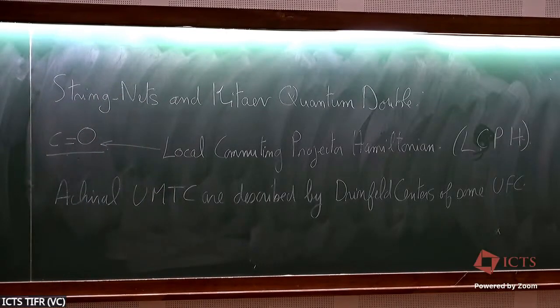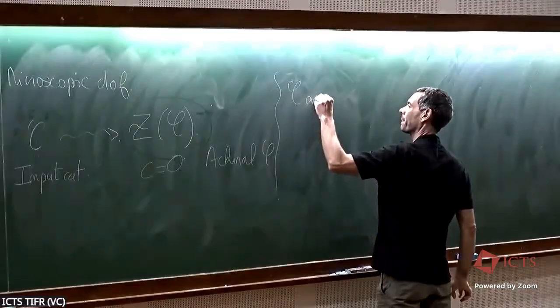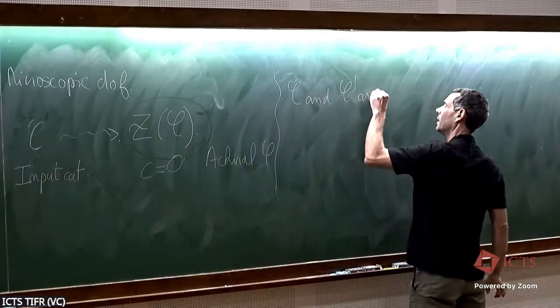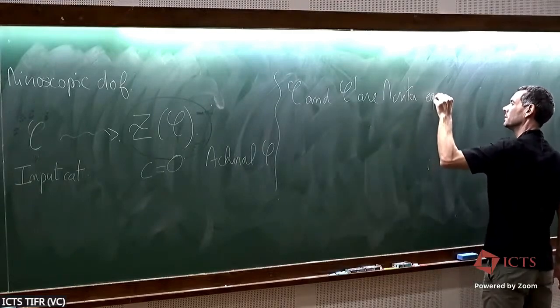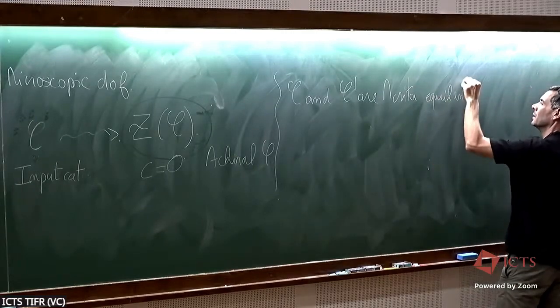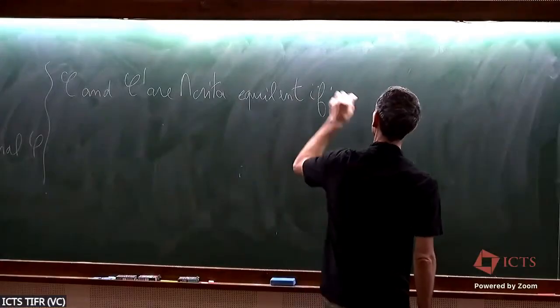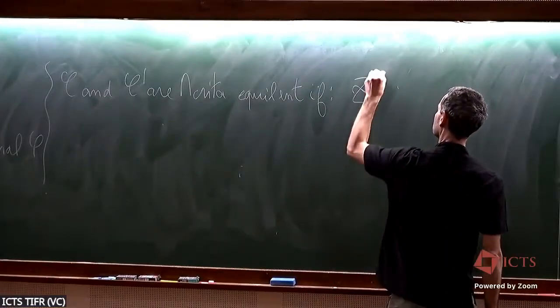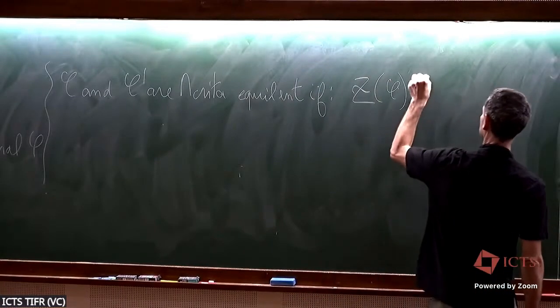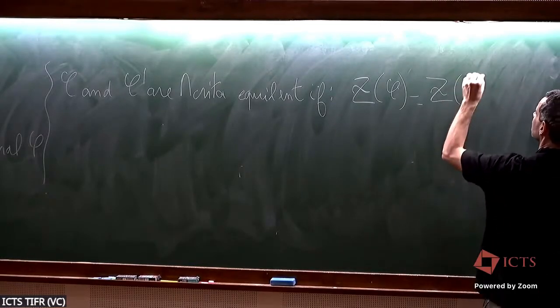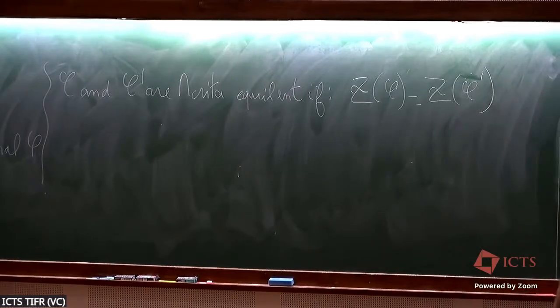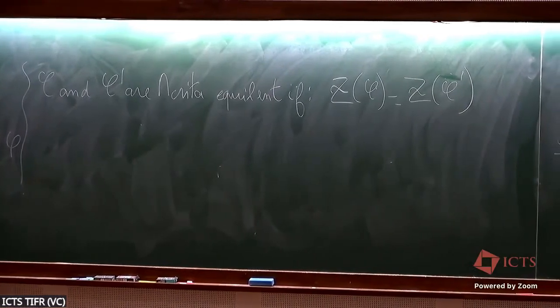So what is Morita equivalence? We will say that C and C prime are Morita equivalent if Z of C equals, in some sense, because again there are some equivalences, Z of C prime.